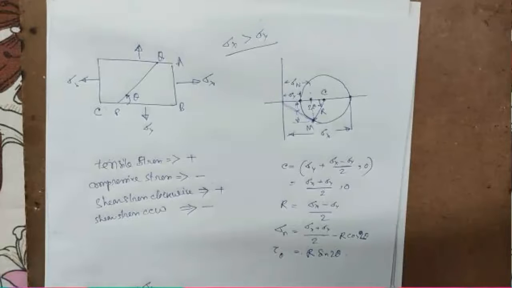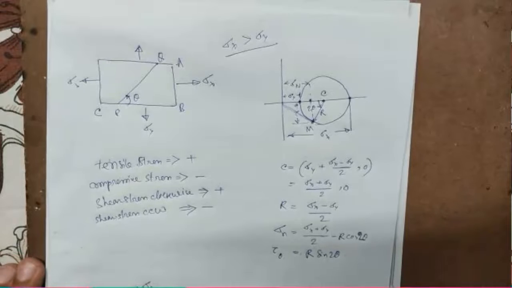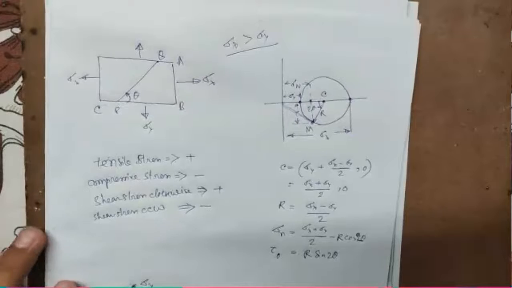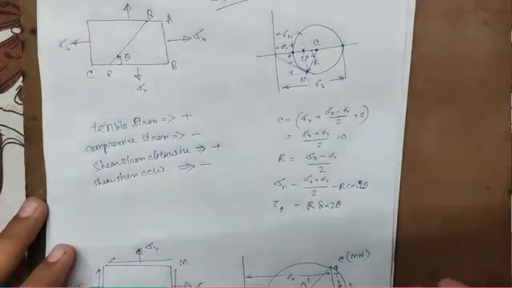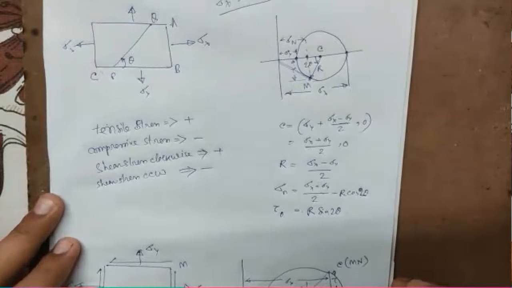Now, if we find out the values and compare them with the analytical method, let us see what we can get. What are the values we can get for sigma n, normal stress, and tau? Let us see.